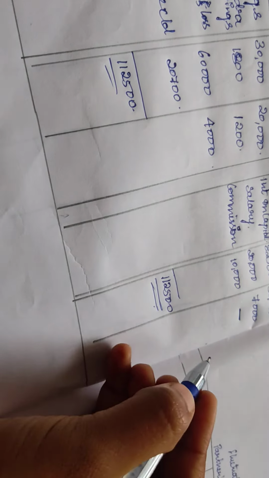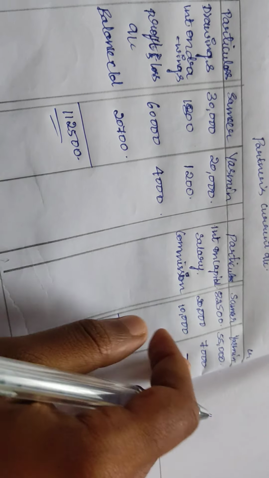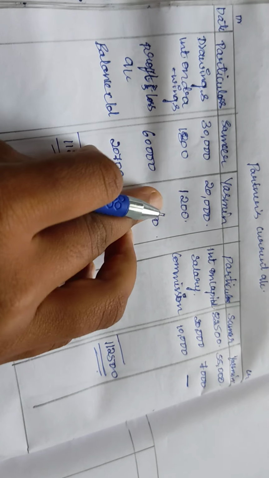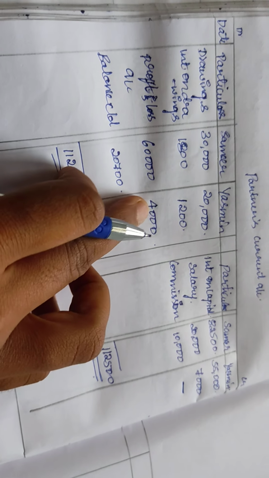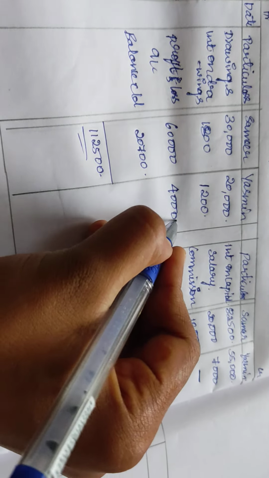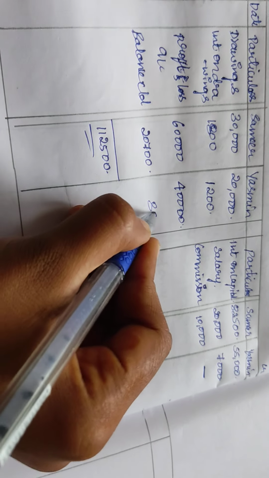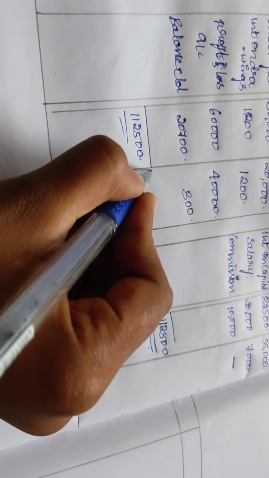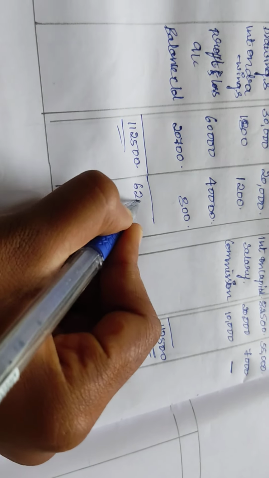And Yasmin 55,000 plus 7,000 comes to 62,000. So 62,000 minus 20,000, 1,200 and 40,000 comes to 800. So the total is 62,000.